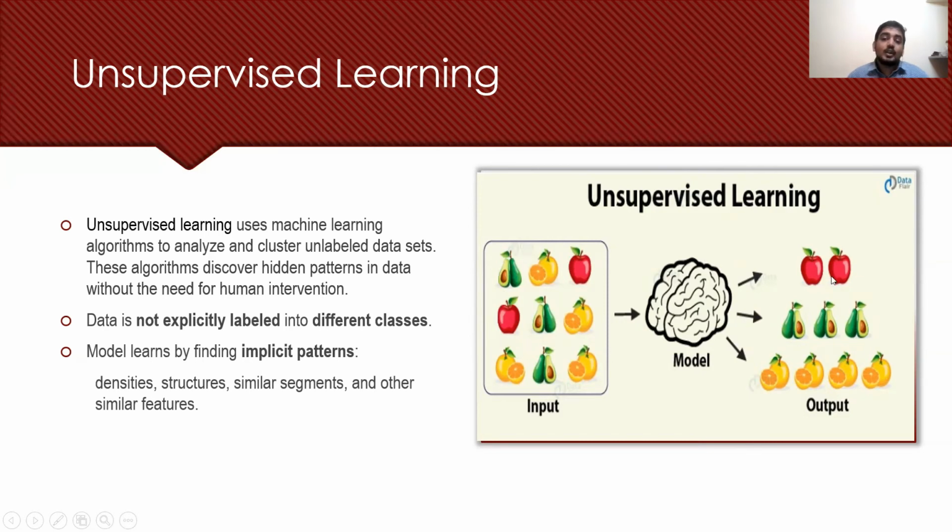It just knows that these are different things by observing the inherent hidden patterns in these images. So data is not explicitly labeled in this case, and it is not required for any human to place labels on things. So unsupervised learning is more convenient than supervised learning in the case of clustering.